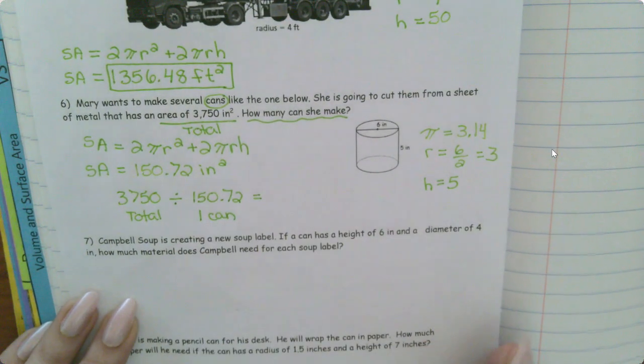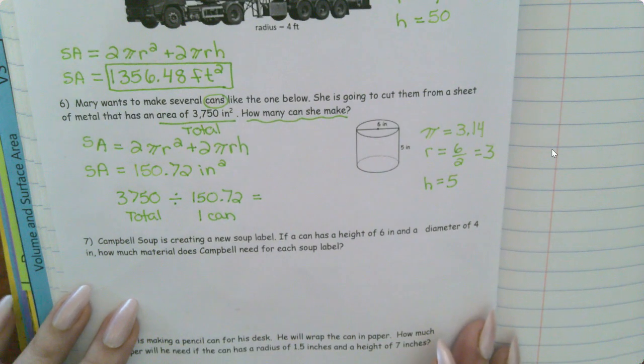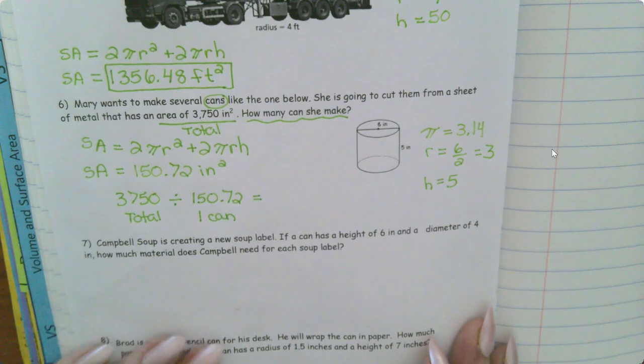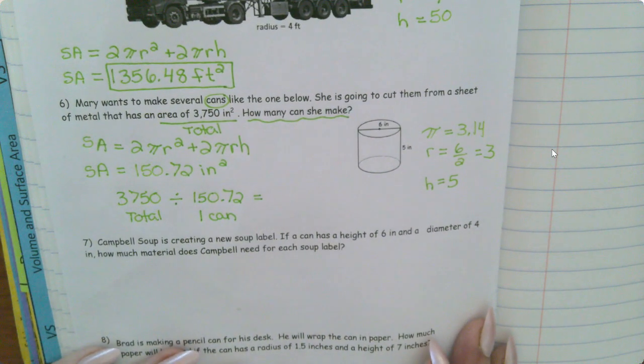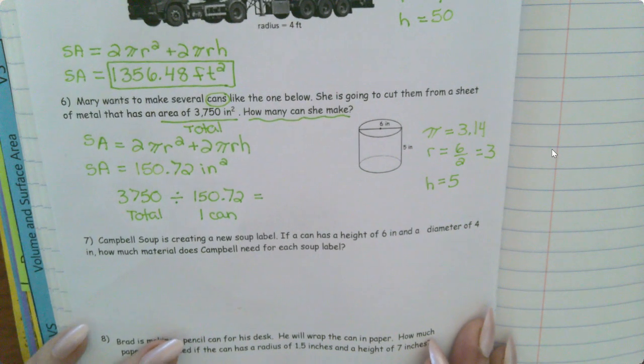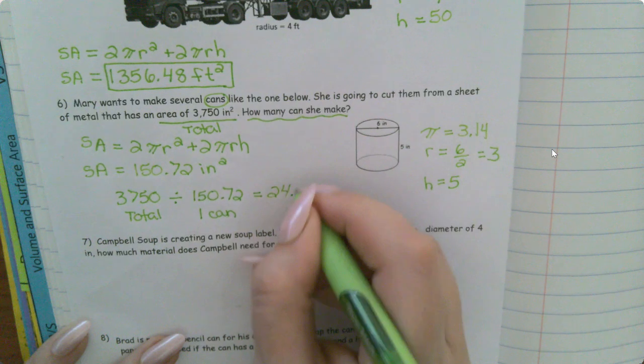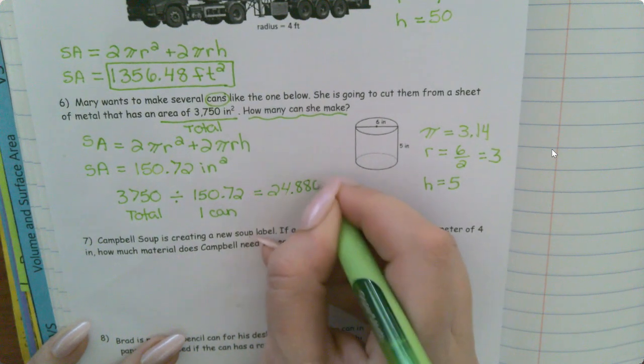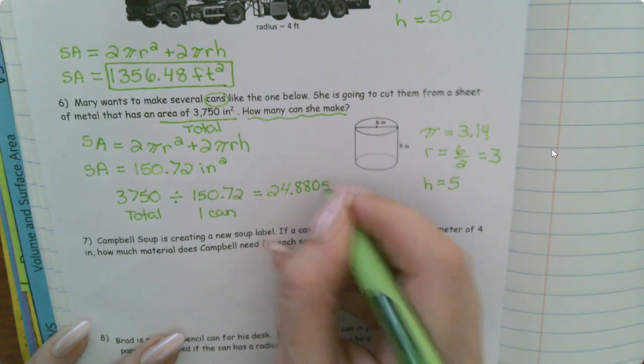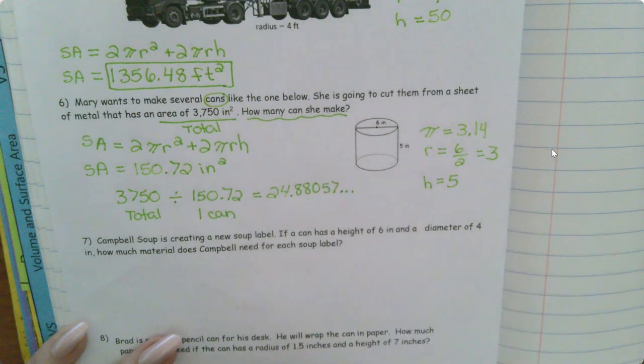And what does that give me? It's got a messy decimal with it. 24.880557. It keeps going on, okay?